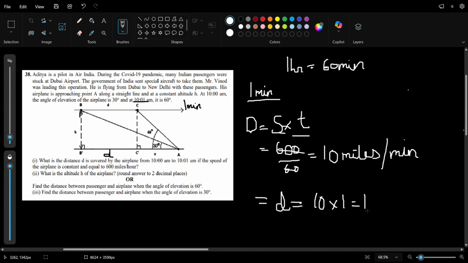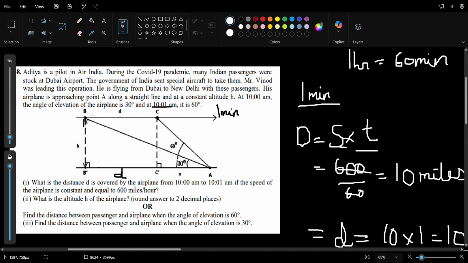That's equal to 10 miles. So basically, from point B to point C in 1 minute, the airplane traveled 10 miles. So now we found d. d is 10 miles.